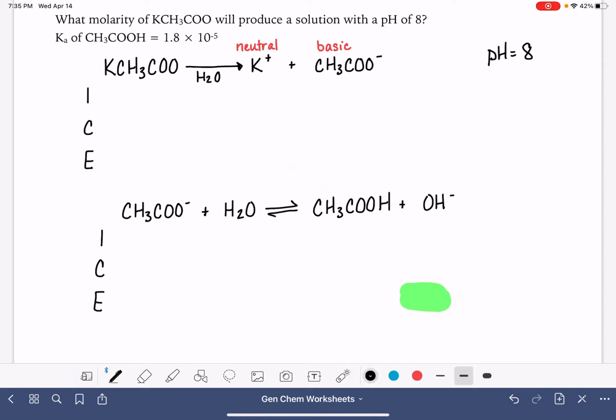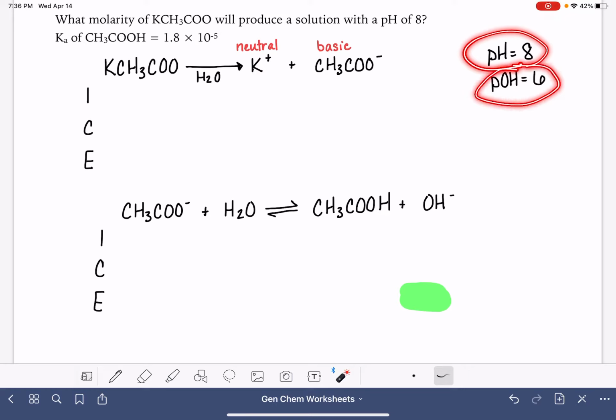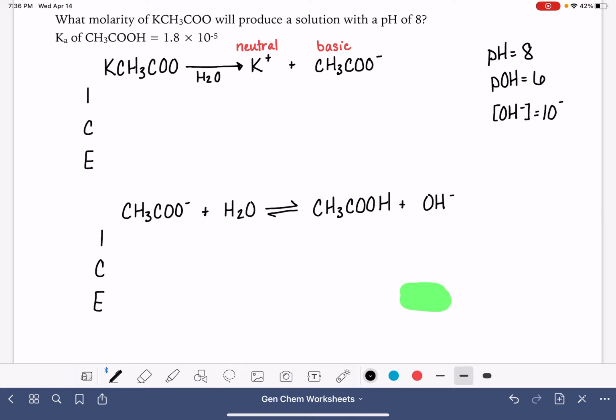Since we know that we have this solution that we want to have a pH of 8, it's actually going to be more useful for us to think about it in terms of pOH. Because pH and pOH add up to 14, we know that if we have a pH of 8, that means that solution's pOH is 6. And if we know the pOH of a solution, we can use that to calculate the molarity of the hydroxide ion.